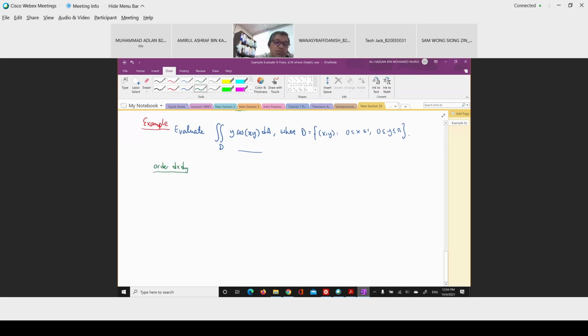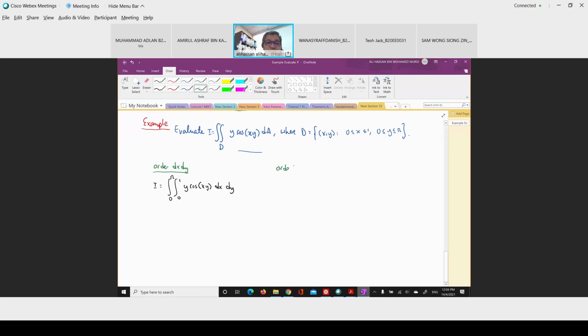Let's call this integral I. Let's first compare the two possibilities. One using the order dx dy, y cosine xy dx dy. So the inner limit is for x between 0 and 1, and the outer limit is for y between 0 and pi.